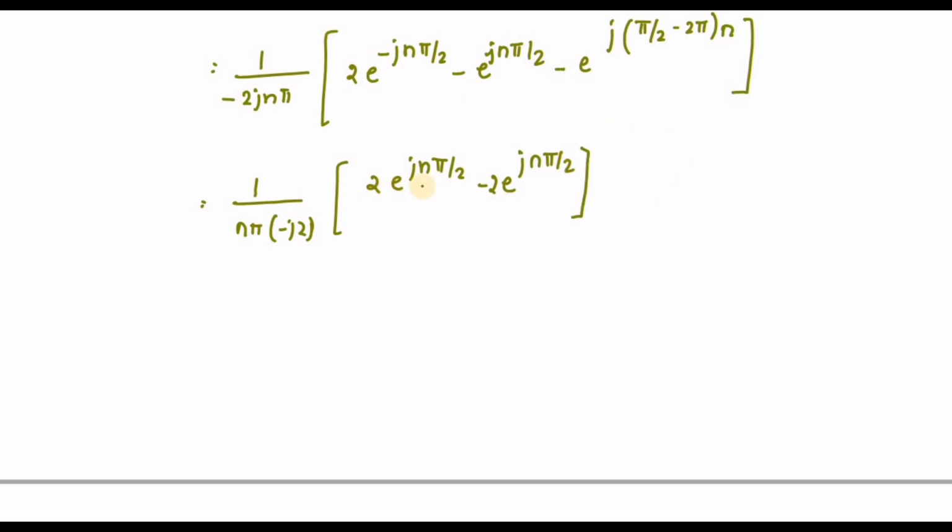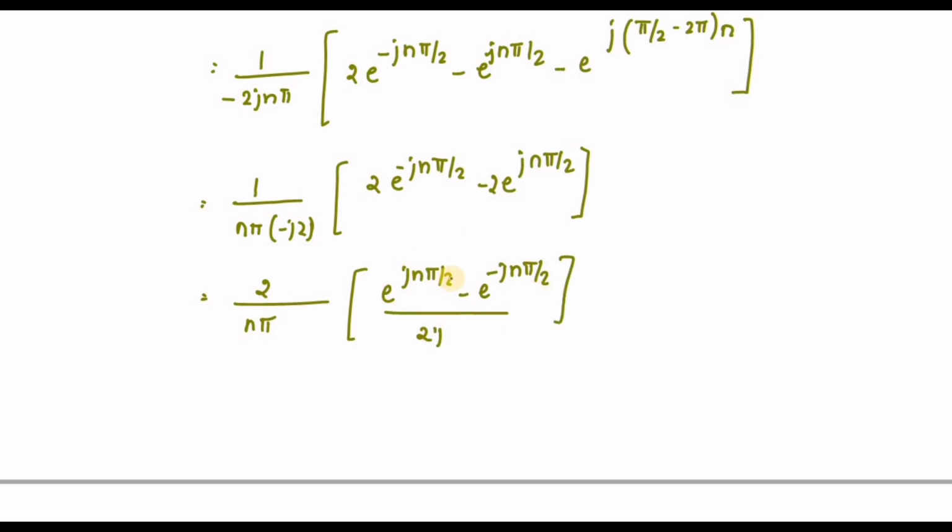I can take 2 common. Alright, so I can write 2 divided by n pi. This is minus, so if this minus comes inside, you will get e power j n pi by 2 minus e power minus j n pi by 2 divided by 2j.